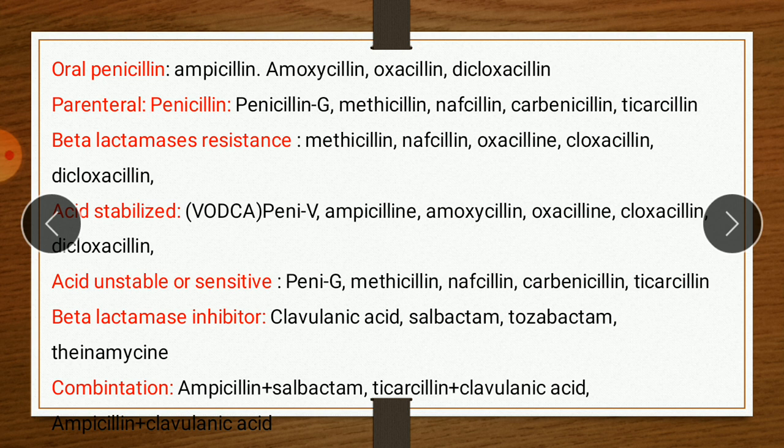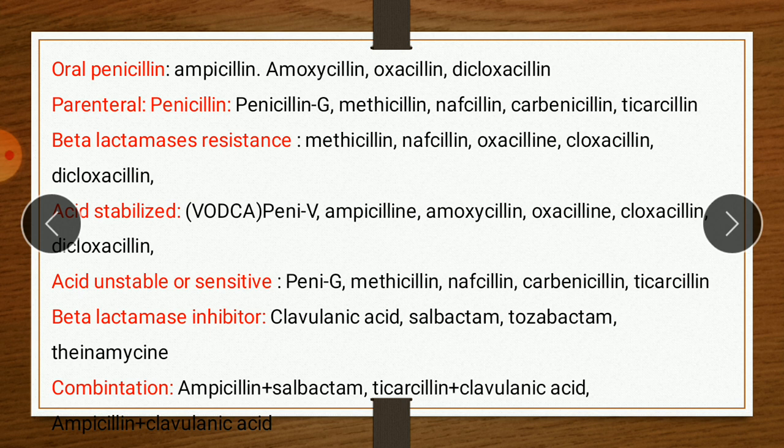Then acid stable means these are the drugs which are stable in the acidic pH of the stomach. Examples: penicillin V, ampicillin, amoxicillin, oxacillin, cloxacillin, dicloxacillin. Next is acid unstable or acid sensitive, meaning in the presence of acid this type of antibiotic breaks down. Examples: penicillin G, methicillin, nafcillin, carbenicillin, ticarcillin.